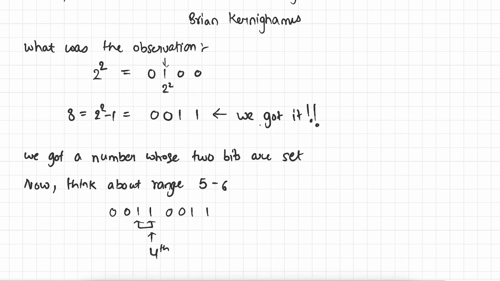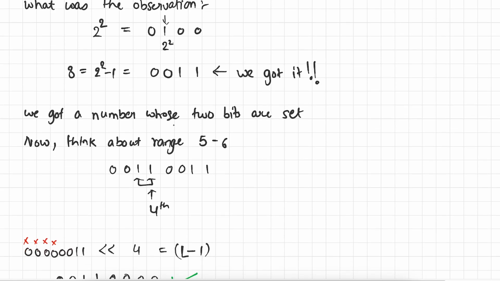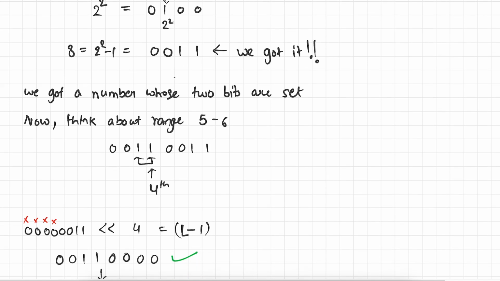Now think about a solution where we have to find a number whose 2 bits are set in a range of 5 to 6. So how do we do it? If you look at this number, we have 2 bits set. Now we just have to shift these 2 bits to the 5th position. Okay. So how do we shift these bits to the 5th position? We know that we can use left shift operator or right shift operator.